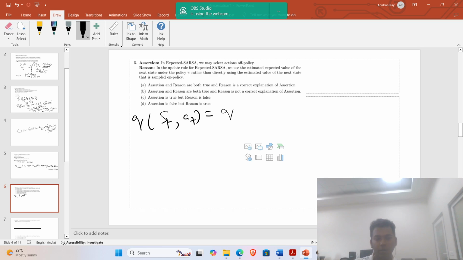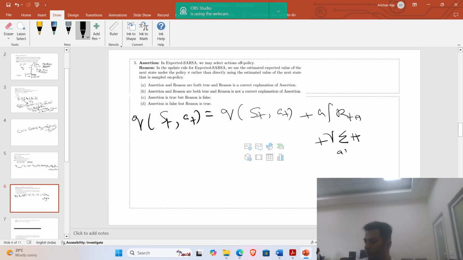So the expected SARSA formulation is as follows.